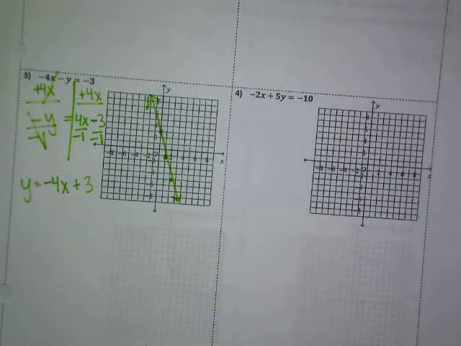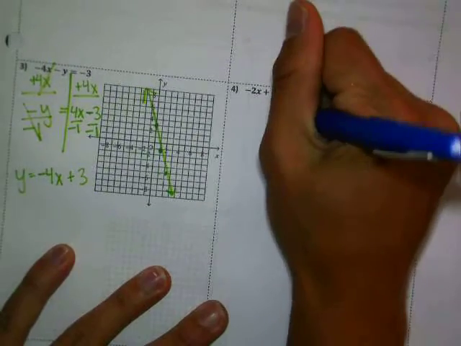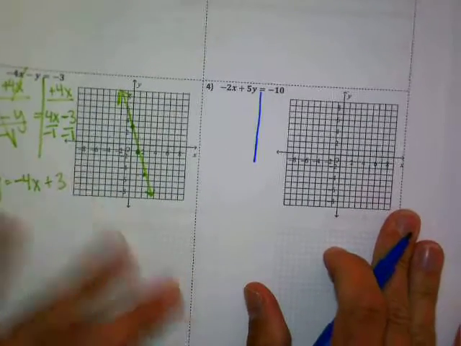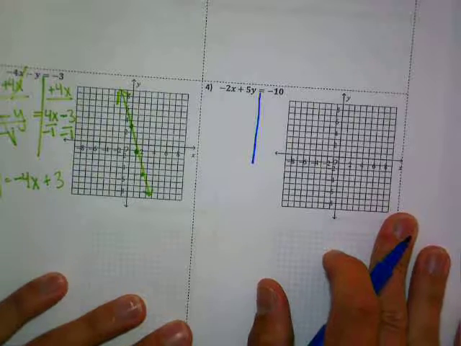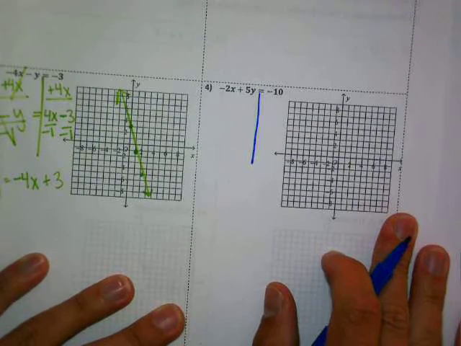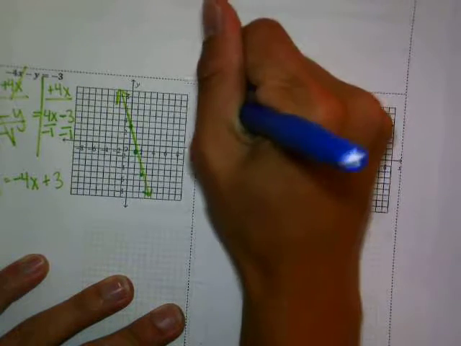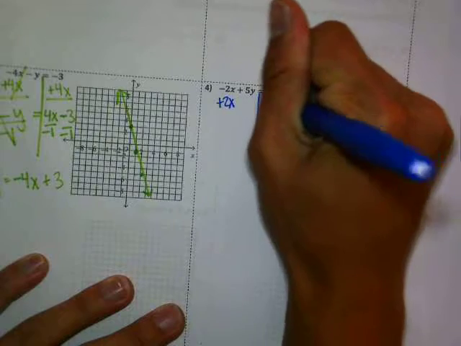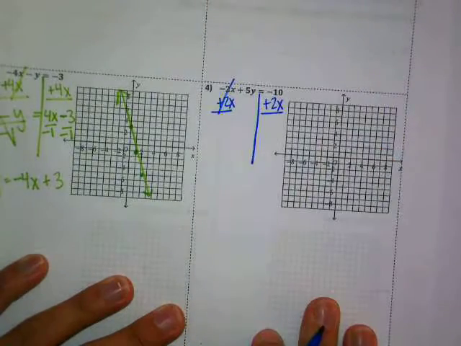All right, on number 4. So, similar problem. I have to solve for y. So, Emily, what's my first step? Oh, I said Emily, but yes, you're right. Negative 2x. So, I'm going to add 2x to get rid of that.